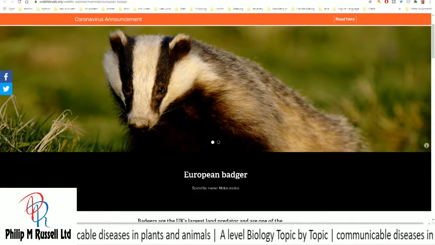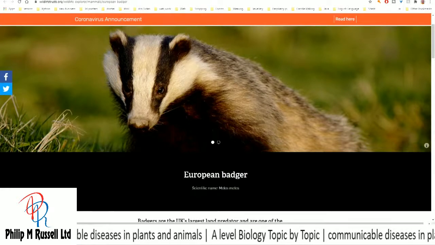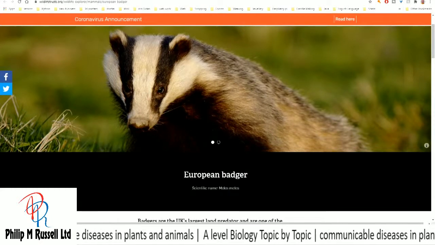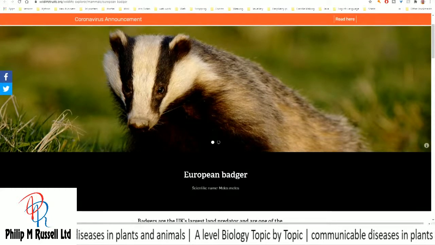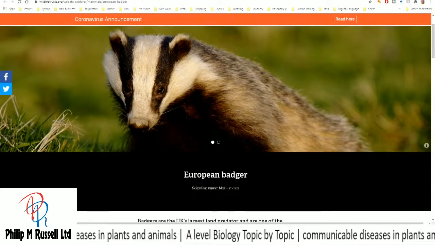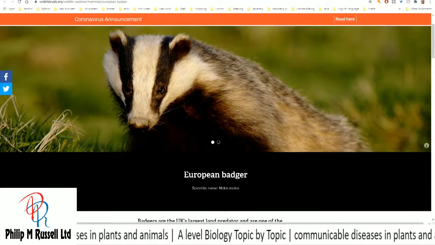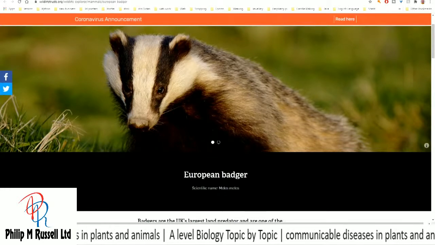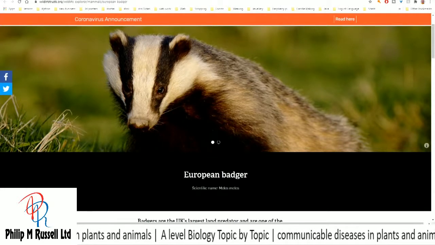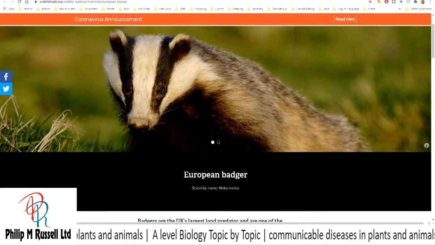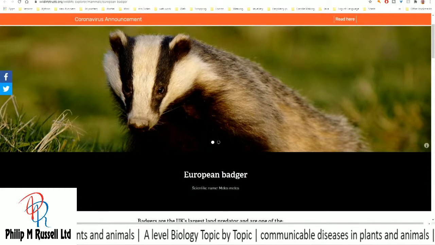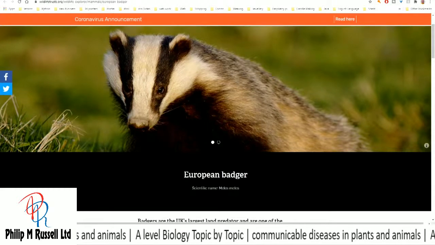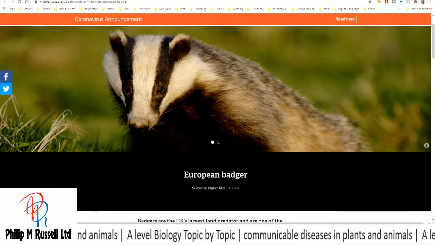And bovine TB was passed by this little creature, the European badger. And so farmers wanted a terrific number of these culled, because literally they are the vector for this disease.